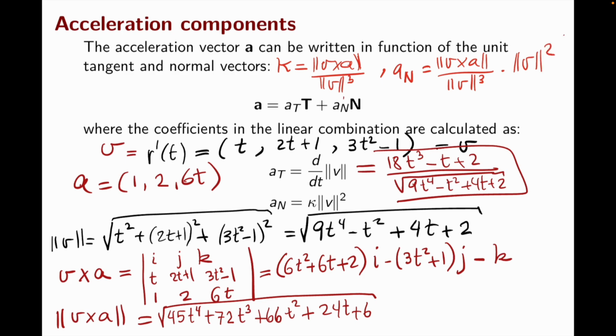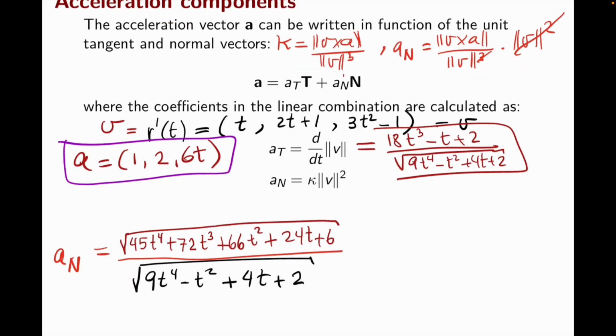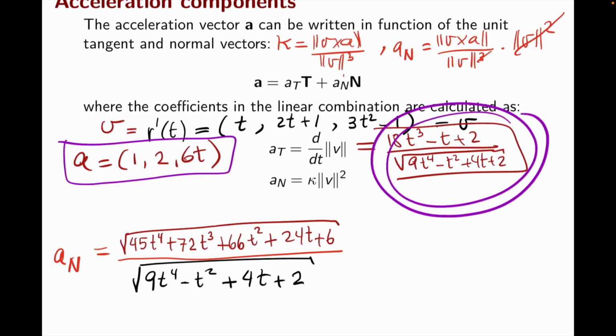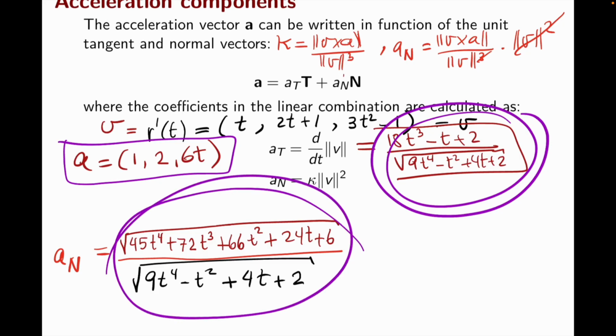So this is going to cancel with this, and we're going to get just v times a divided by v, which is just this divided by this. So this is the final result then of the acceleration vector here can be written as something multiplied by T, and this something is this, and something multiplied by N, and this something is this. So we did find the two coefficients of the linear combination.